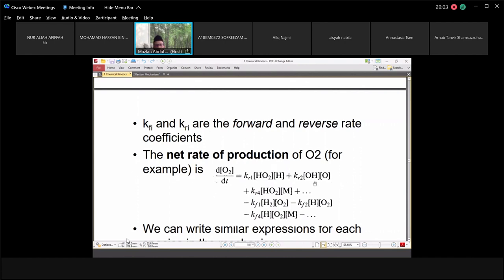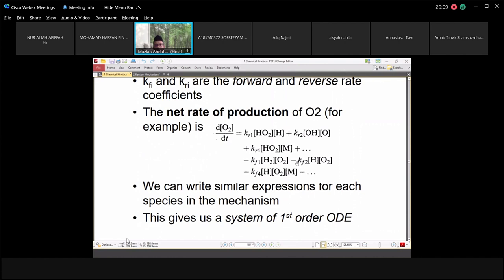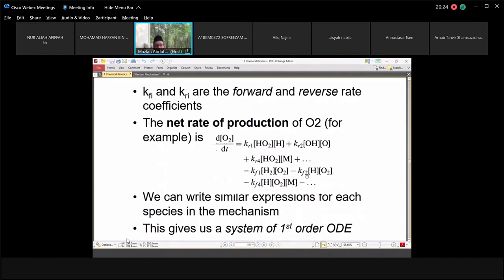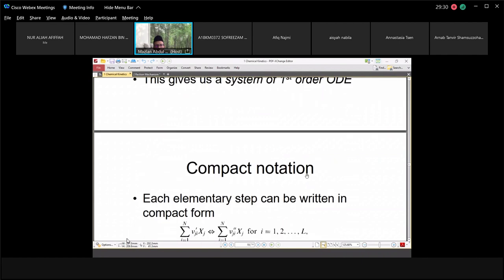Then we can write a similar expression for each species, not only oxygen, but whatever you see in the mechanism: oxygen, hydrogen, HO2, single H, single O, OH, H2O, and M. This gives us what we call first order ordinary differential equations, right?